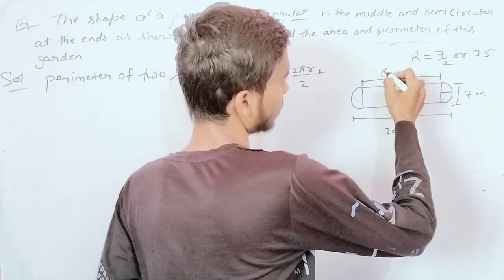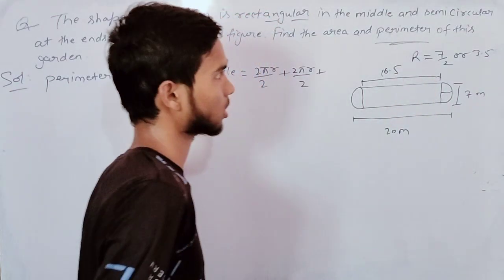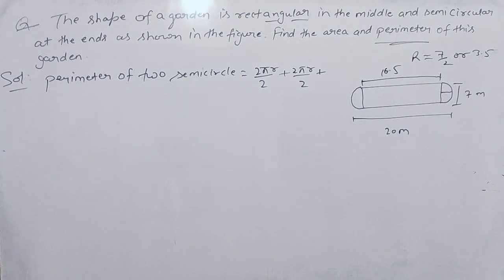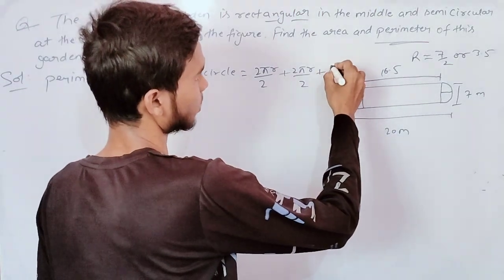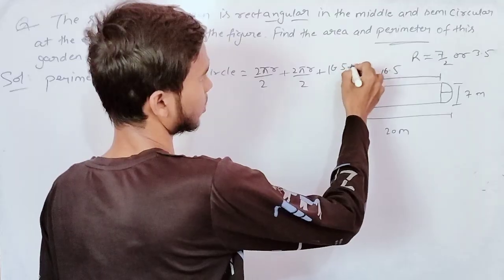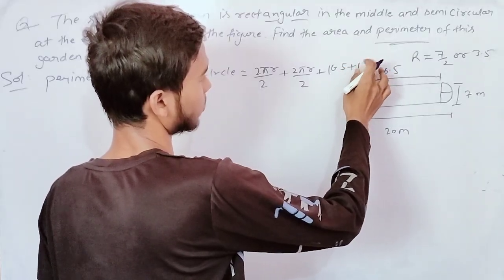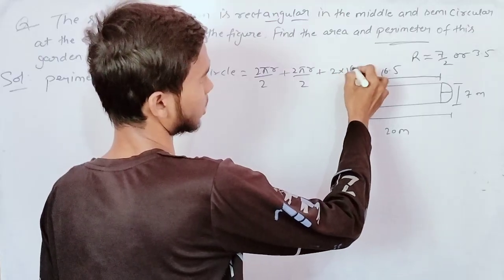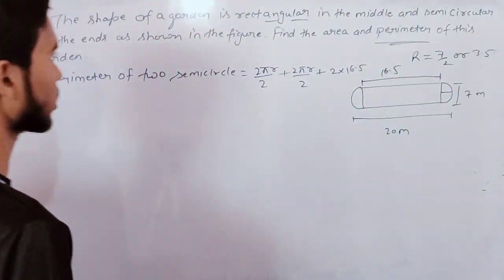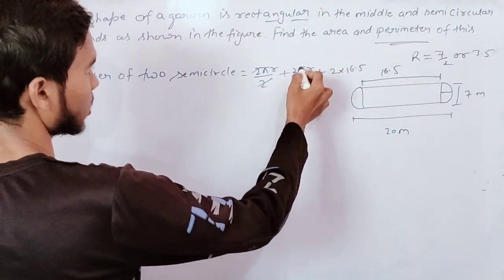So of course it would be 16.5. You can add 16.5 plus 16.5, that is 2 multiple 16.5. Clear? This 2 will cut.